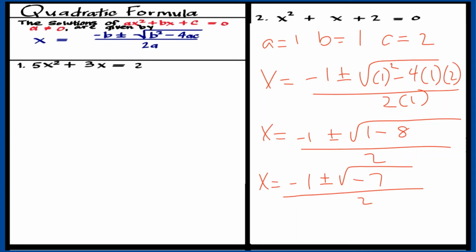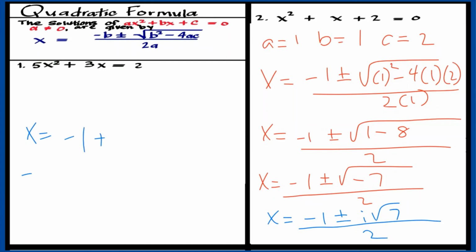Now I look inside the radical. I can take out i because I know that the square root of negative 1 is i. I take out i because I also want it to be positive inside my radical. There's nothing else I can do with that radical 7, so this is my final answer, negative 1 plus or minus i radical 7 over 2, and I can write it as 2 solutions if I want to.